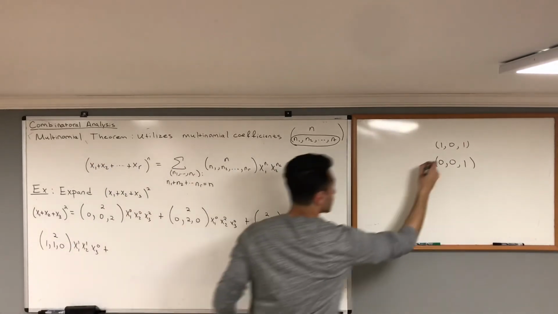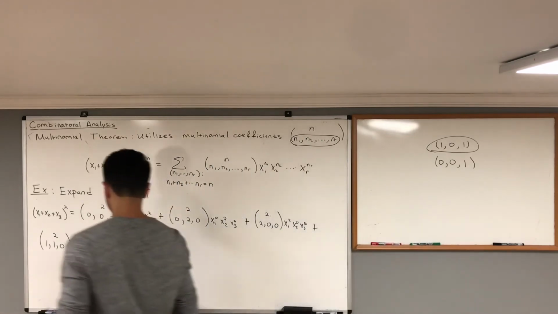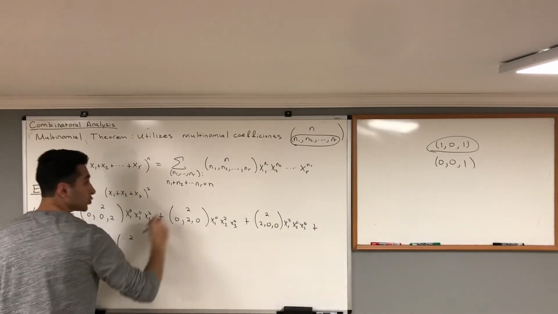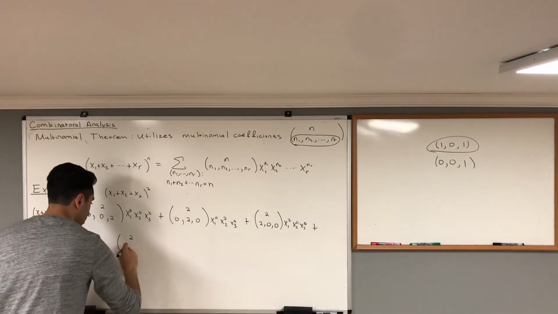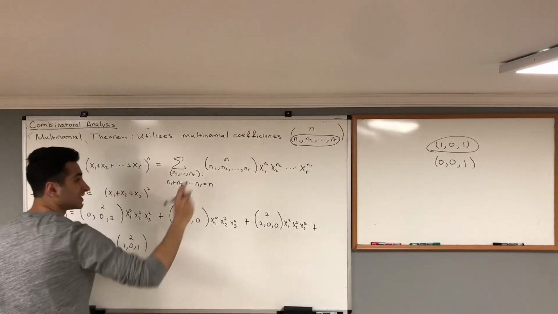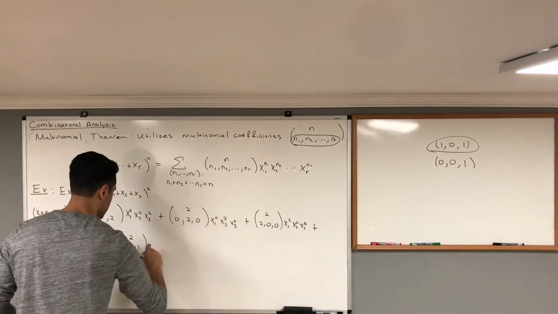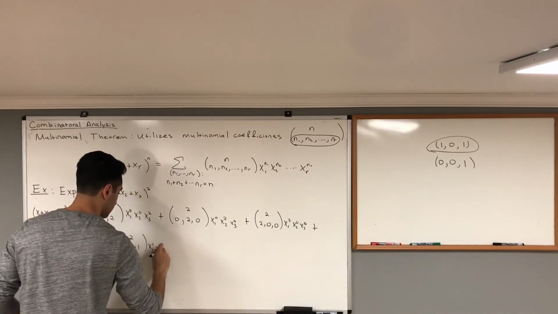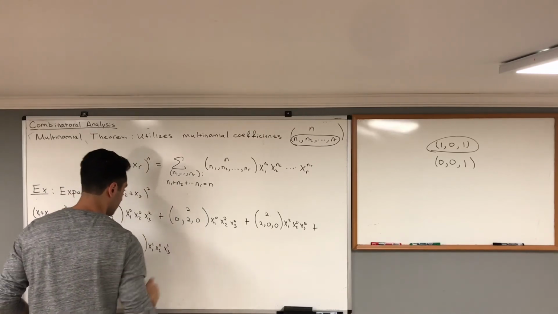that new vector list. So plus 2 choose 1, 0, 1, times x1 to the first, x2 to the 0, and x3 to the first.